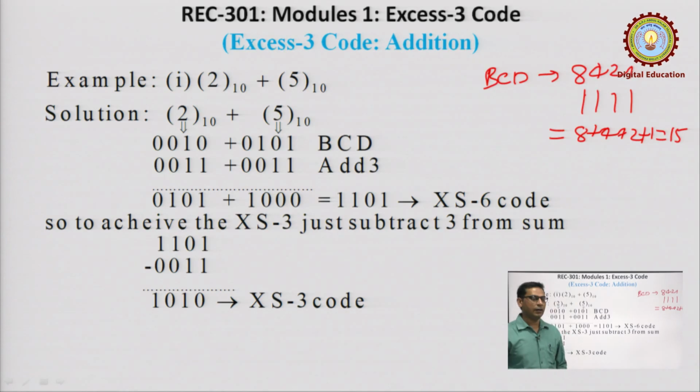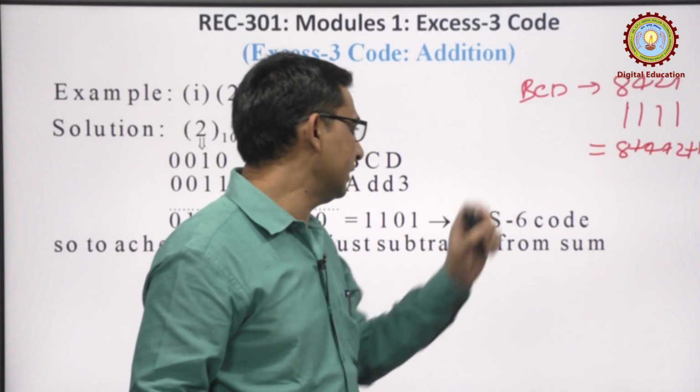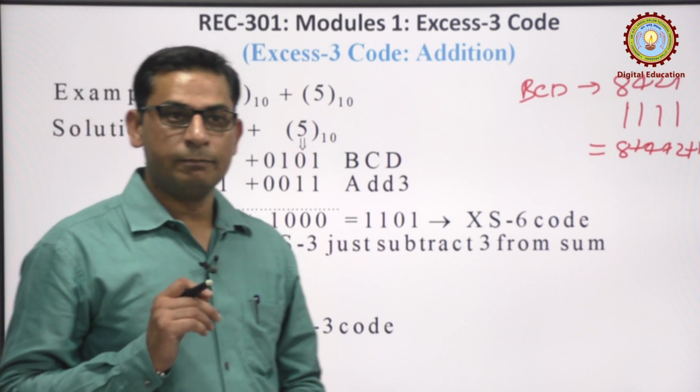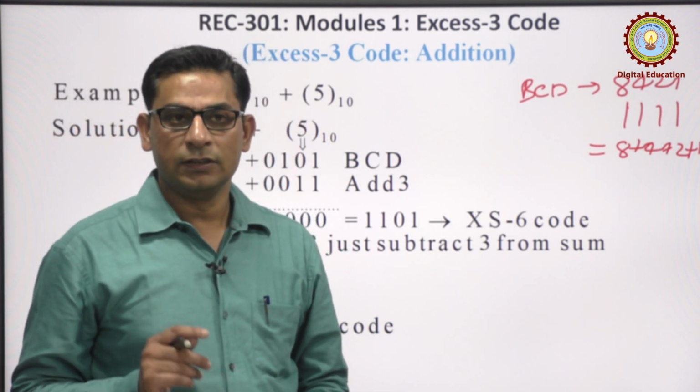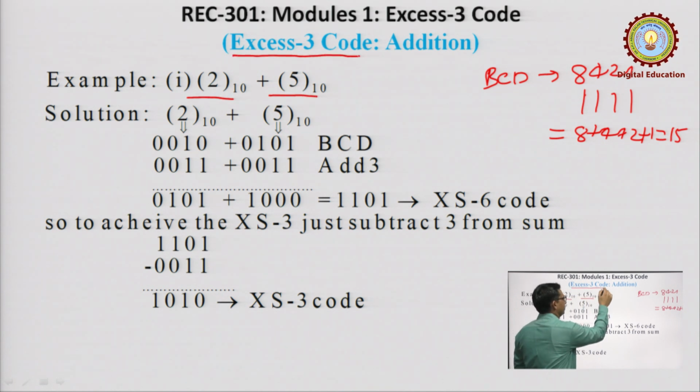If we want to convert this BCD code to the Excess-3 code, we have to add the binary equivalent of the decimal number 3. So, for example, here we want to add 2 and 5 using Excess-3 code.